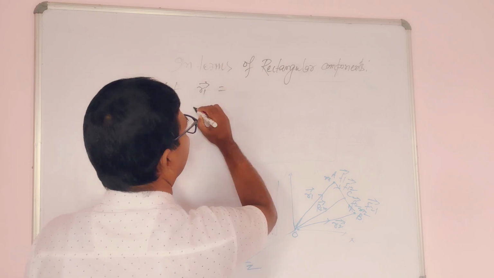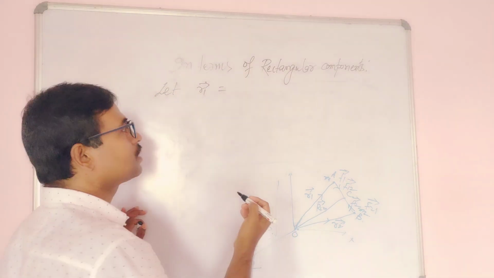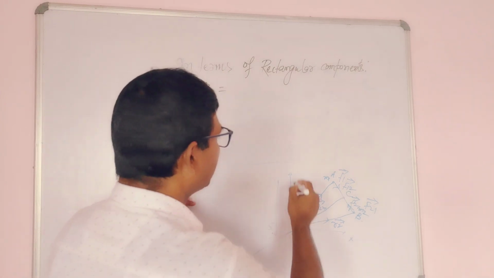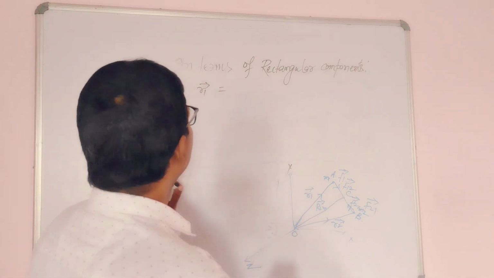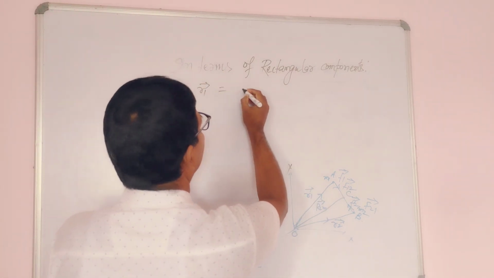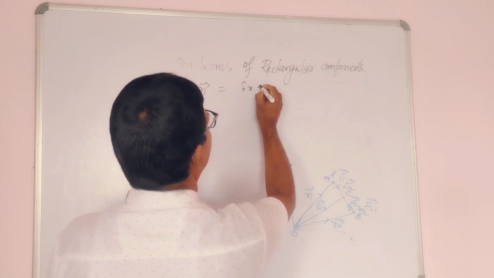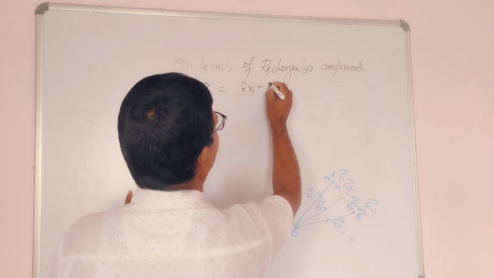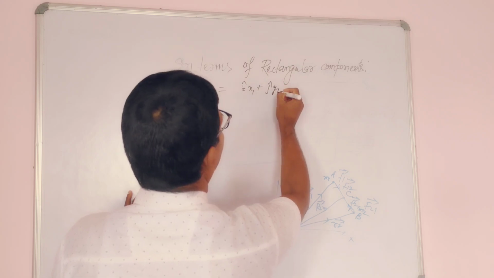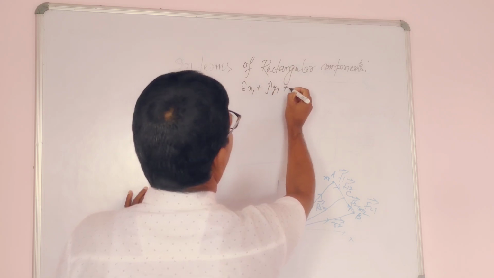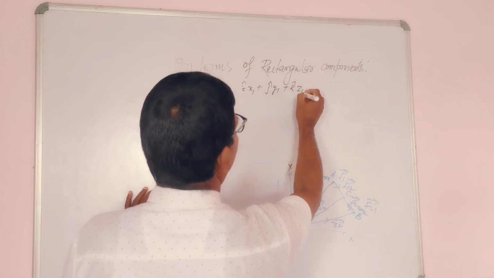Suppose in a system of two particles, you are taking the XY plane. So R1 is equal to i cap X1 plus j cap Y1 plus k cap Z1.